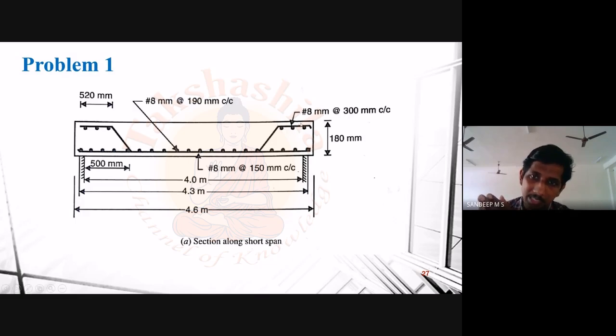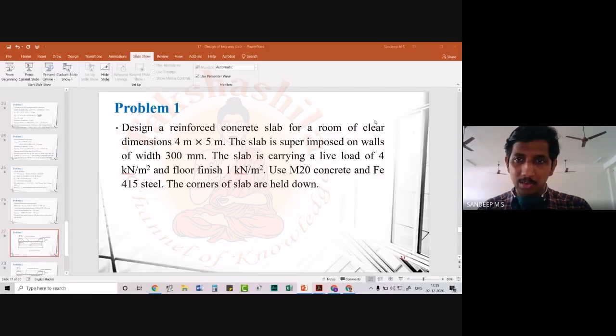So let's see how many bars should be bent up and at what spacing. There they have given it as 8 millimeter phi at 300 millimeter C by C. That is double this spacing. This is 150, this is 300 millimeter C by C. Let's refer to the code for this.